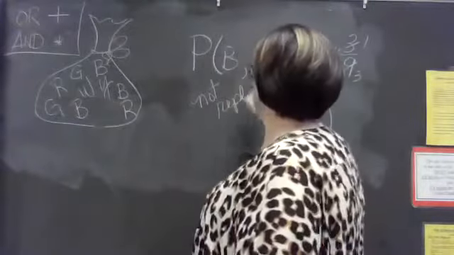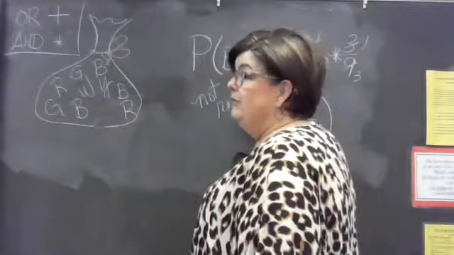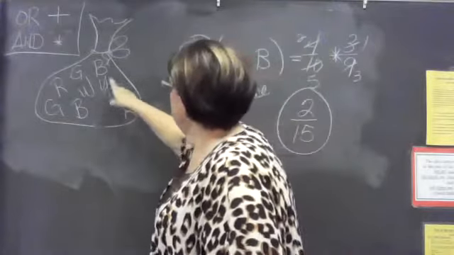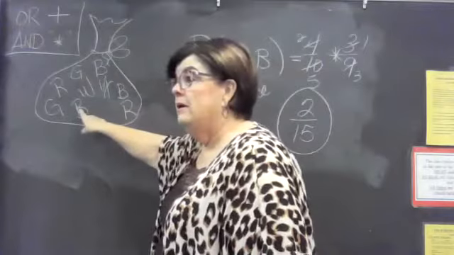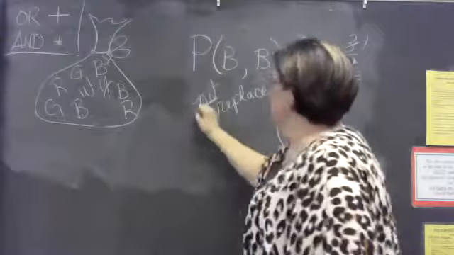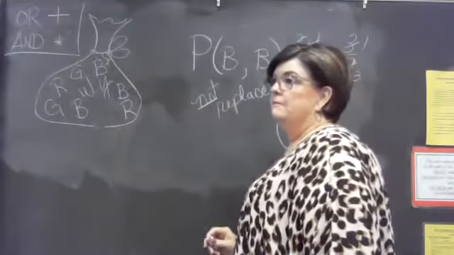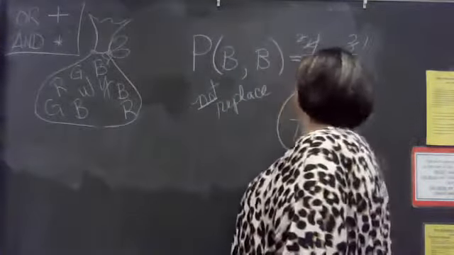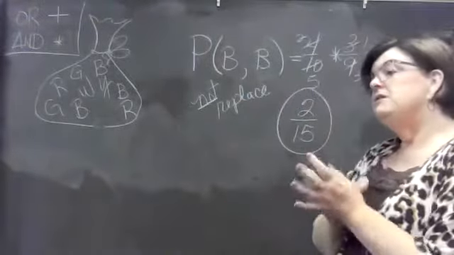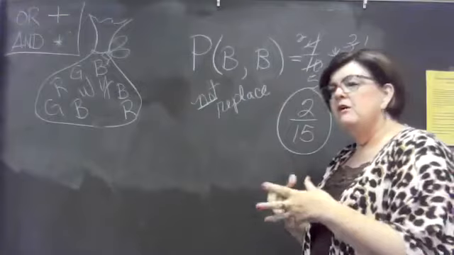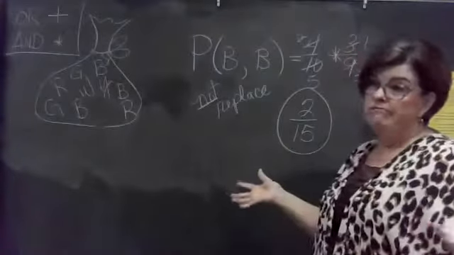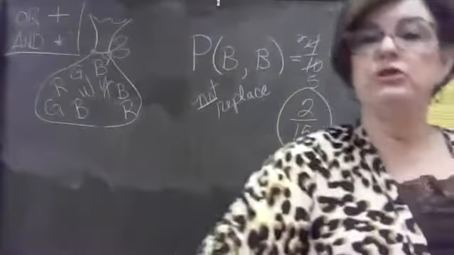So now I want to know what's the probability of getting a blue again out of that bag. And it's 1, 2, 3 now. How did you take it out though when you got 4 over 10? Because I said I'm not going to replace the first one. Oh, okay. Yes, I like when you guys do that, because either I skip some stuff and go too fast, or it's probably a question everybody else has. So keep it up. Questions are good.